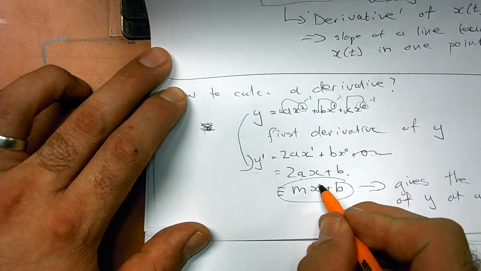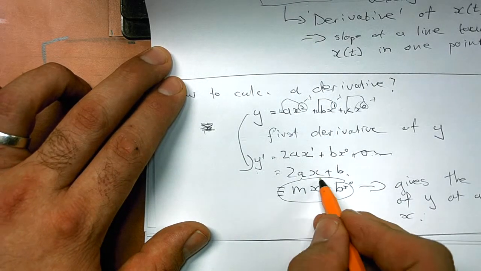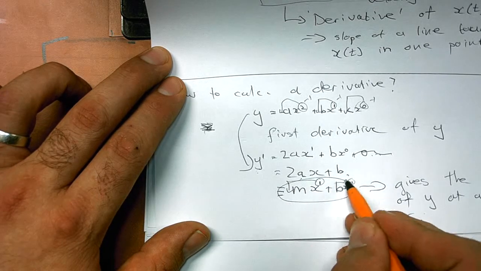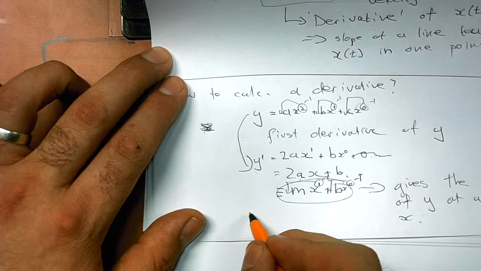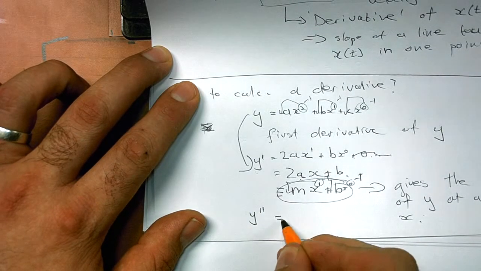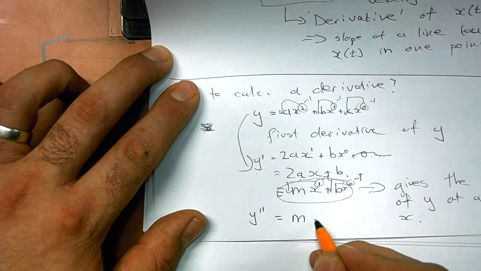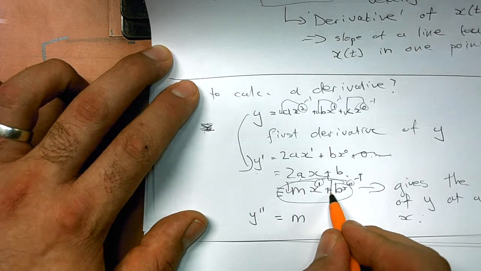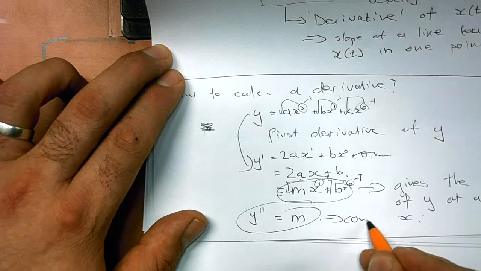I say that's x to the 1, that's x to the 0. To calculate its derivative, I put that in front, subtract 1, subtract 1. So the second derivative, if I do the same process all over again, gives me 2a, since x to the power 0 is 1. If I take a 0 down there, it is 0 anyway, so what I end up with is a constant.